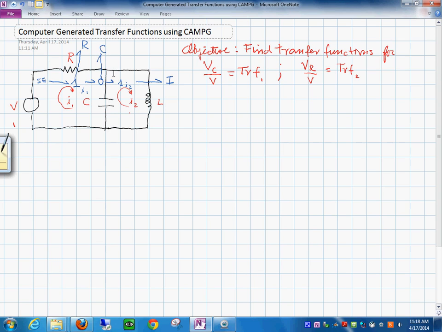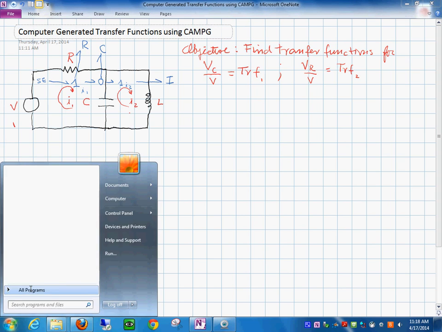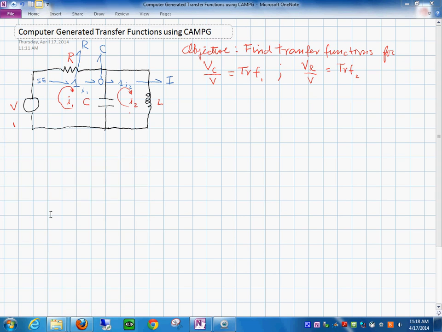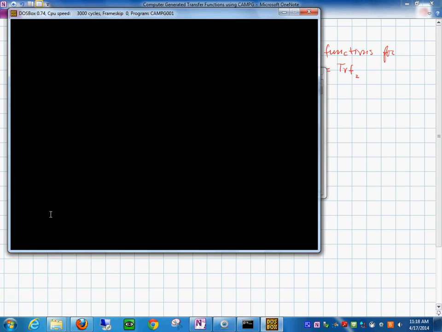There you go. And this blue bond graph is what we will enter into CAMG. So let's do that right now. So we go over here and we say, okay, let's go to the CAMG software and open the CAMG window.